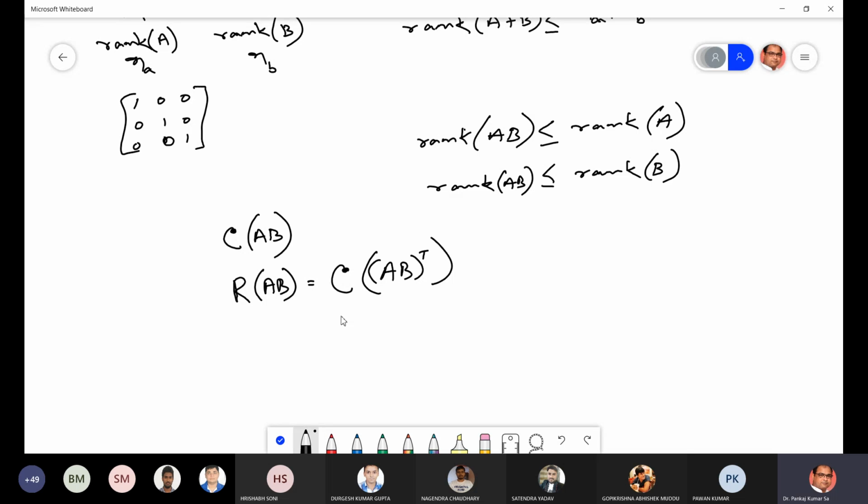They don't want to have another notation as column space, row space. Instead, they make it as column space of AB transpose.